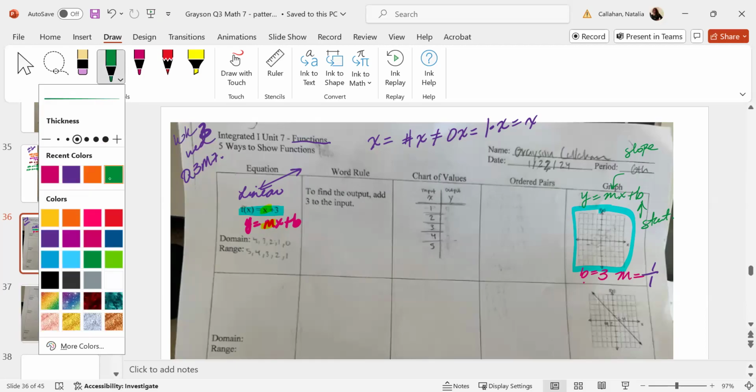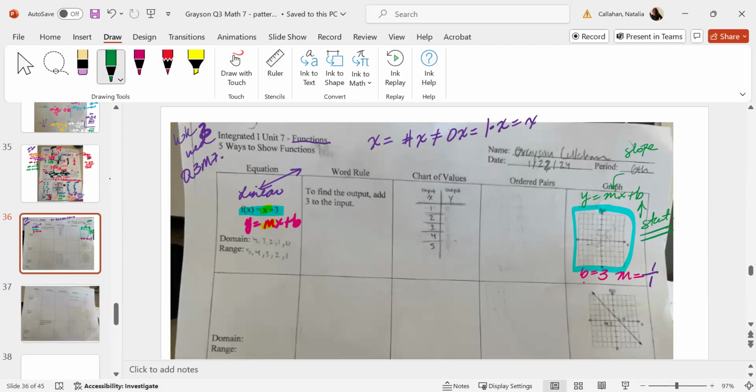So where do you start with this graph? That's not what I said. Where do you start? You start with b. What is your b? B is going to be always on which axis? Right. You go up 3 or down 3? Up. Got it. What is your slope?